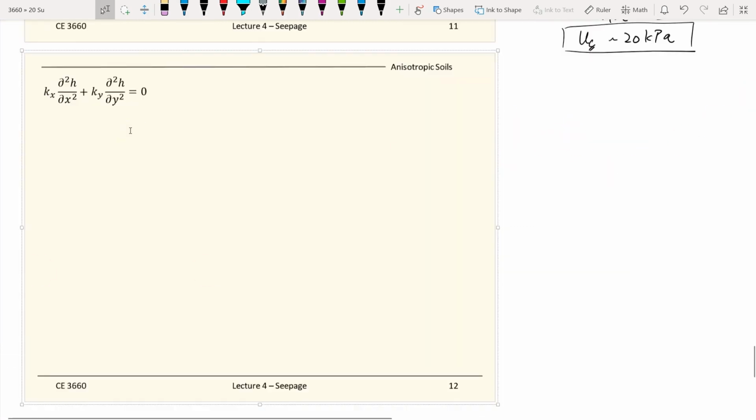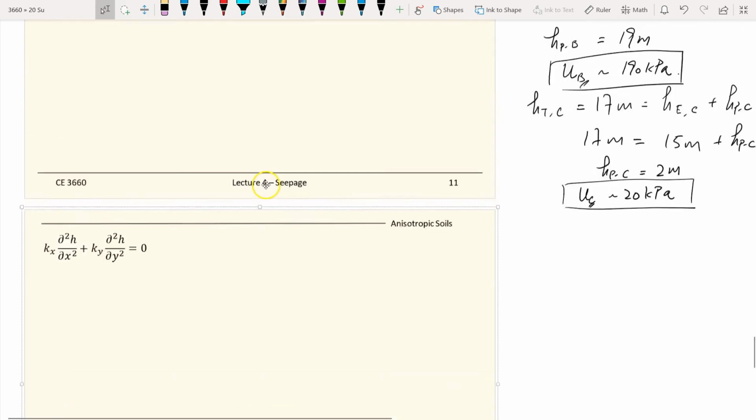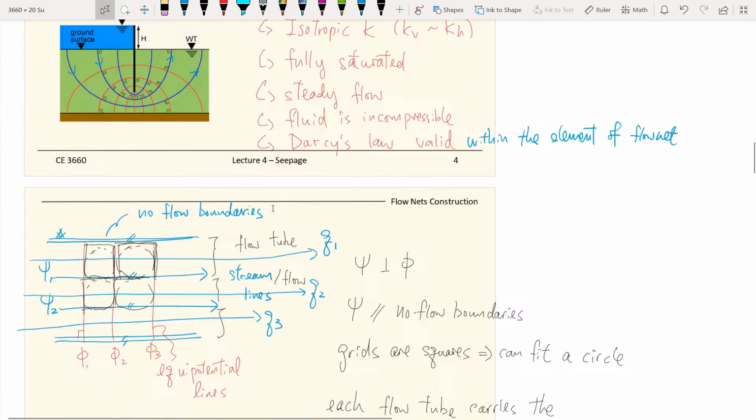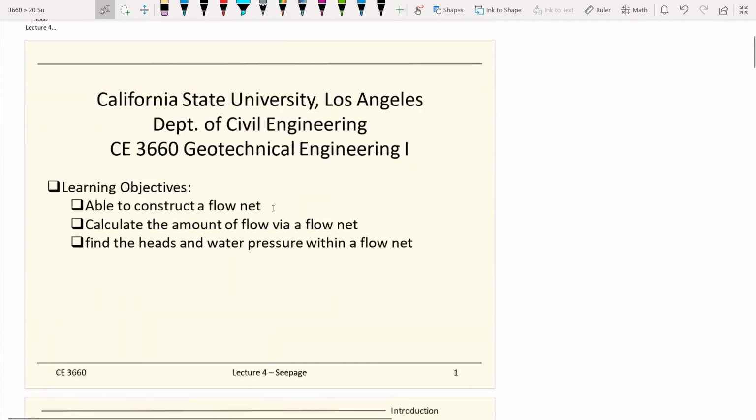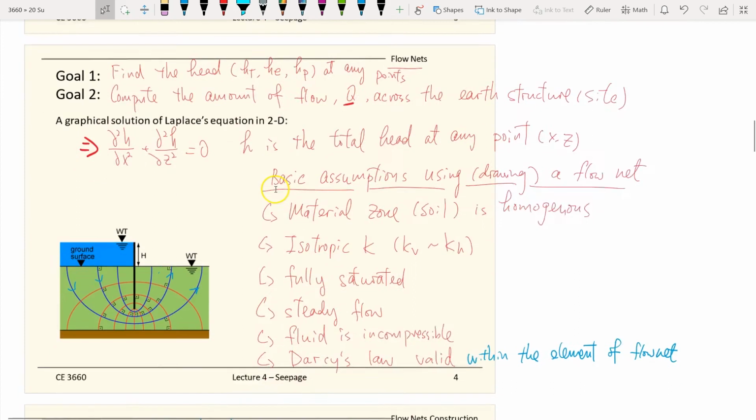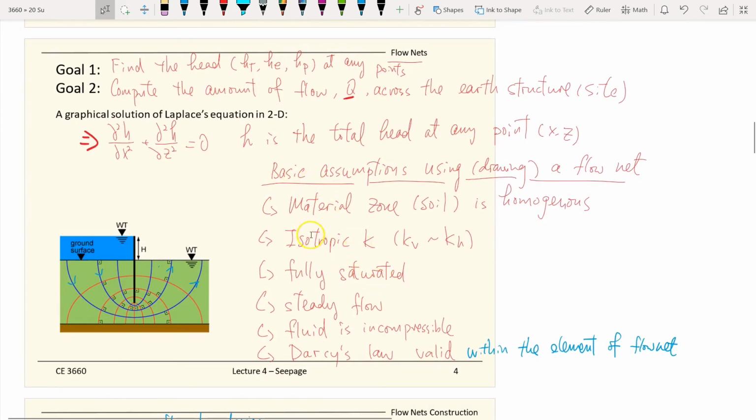Okay, lastly, I just want to show you a little bit more advanced concept when using flow nets. Remember at the very beginning when we talked about flow nets, we mentioned that we make simplifications that we have isotropic hydraulic conductivities, which means the hydraulic conductivities in the vertical and horizontal directions are the same. In fact, they are not the same.